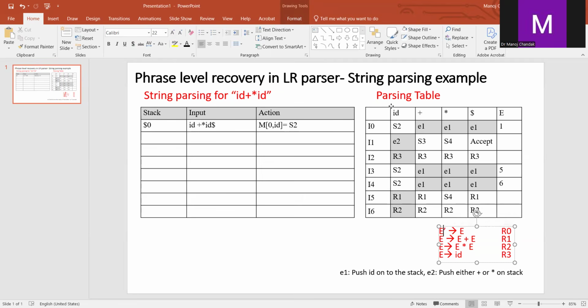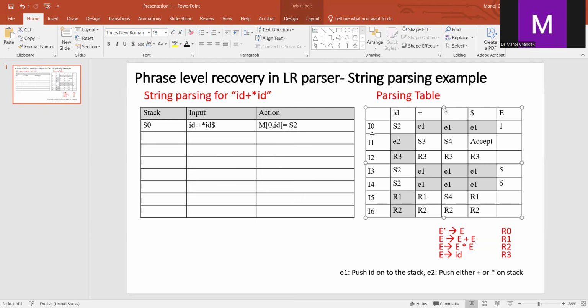We have already designed the parsing table with the shift and reduce entries, handled the shift reduce conflict, as well as we have added the error routines here, that is E1 and E2. E1 is push ID on the stack, and E2 is push either plus or star operator on the stack.